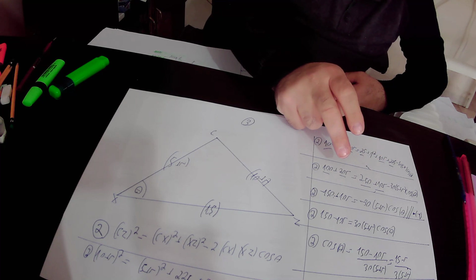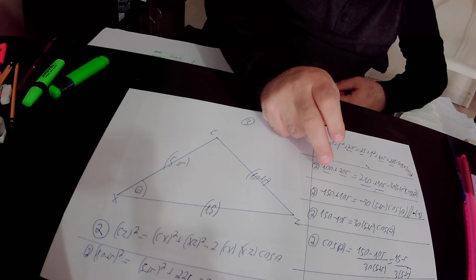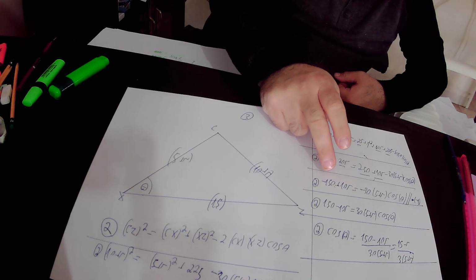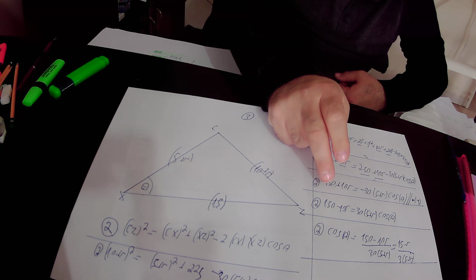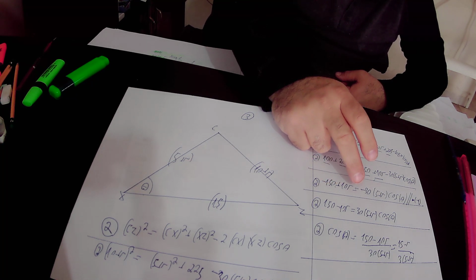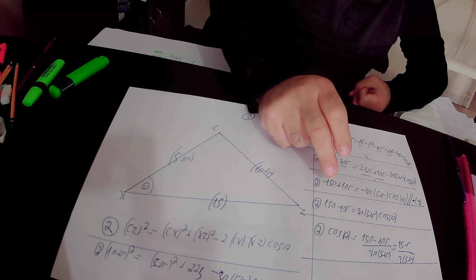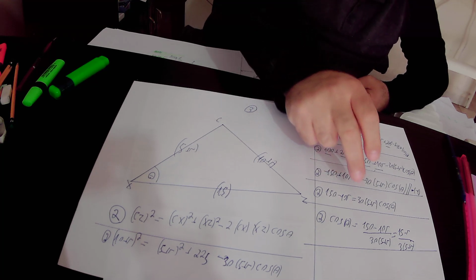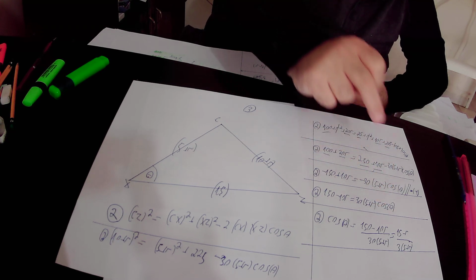We multiplied equation number 2 by minus 1, and we got that minus 150 times minus 1 is 150, and 10r times minus 1 is minus 10r, minus 30 times minus 1 is 30, so in conclusion we found out that 150 minus 10r equals 30 times 5 plus r times cosine theta. Then we divided equation number 2 by 30 times 5 plus r, and we got that according to equation number 2, cosine theta equals 150 minus 10r over 30 times 5 plus r.